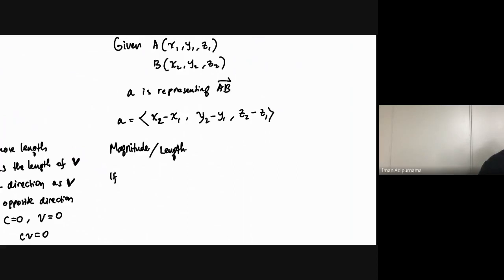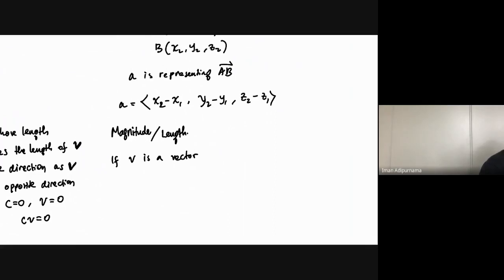If v is a vector, usually for the length we use these symbols.